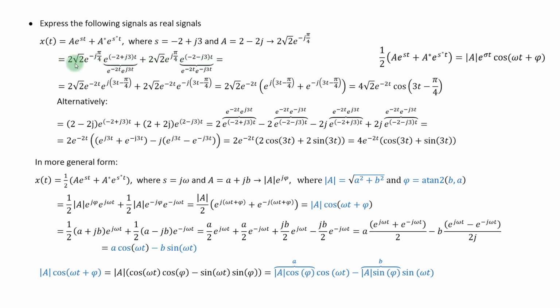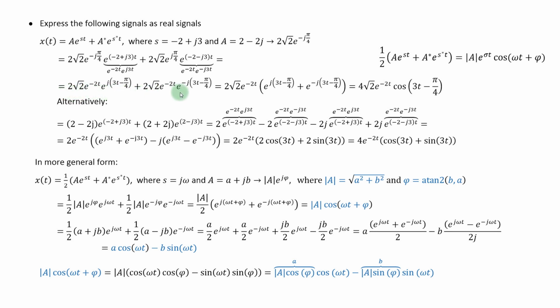In this expression, you will need to break this exponential into two exponentials and this exponential into these two exponentials. Then you will combine this exponential and this exponential into this exponential, and this exponential and this exponential into this exponential. That will leave you with this expression.